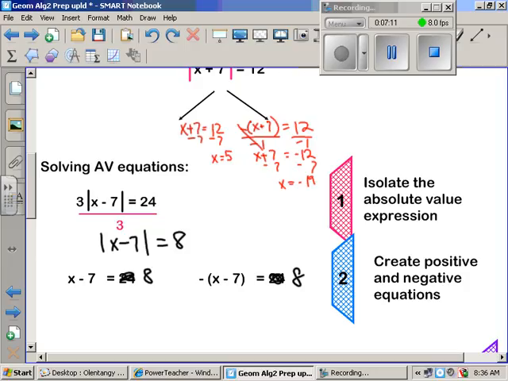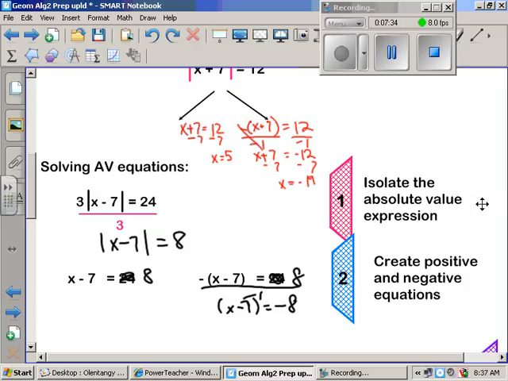And this one I can divide through by negative 1 and make x minus 7 equals negative 8. I don't mind if you skip this step as long as you really remember this was originally the part that was negative. But if you just want to write x minus 7 equals 8 and x minus 7 equals negative 8, that's fine.